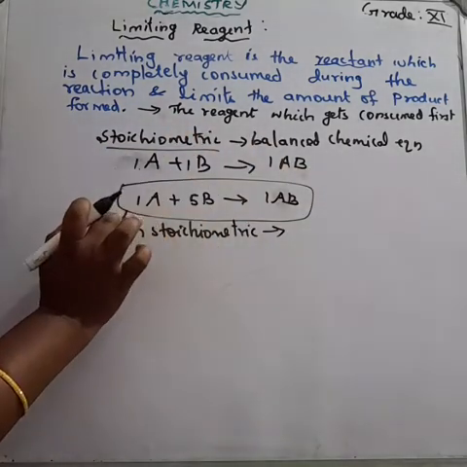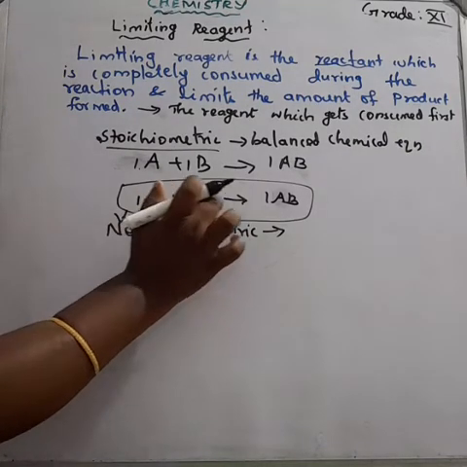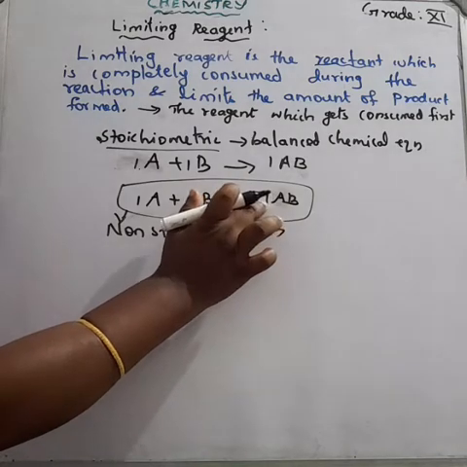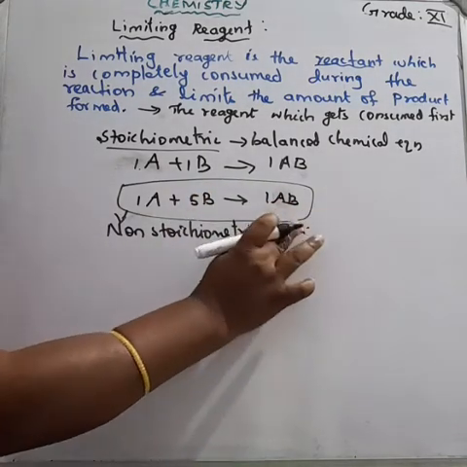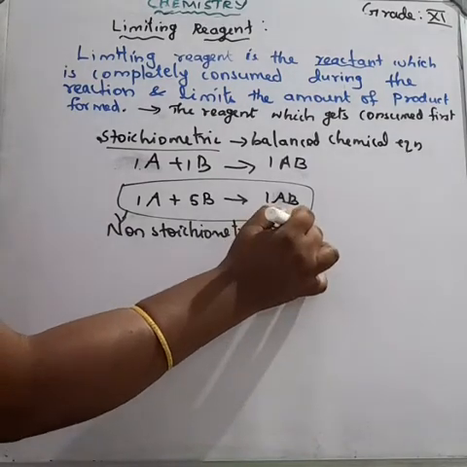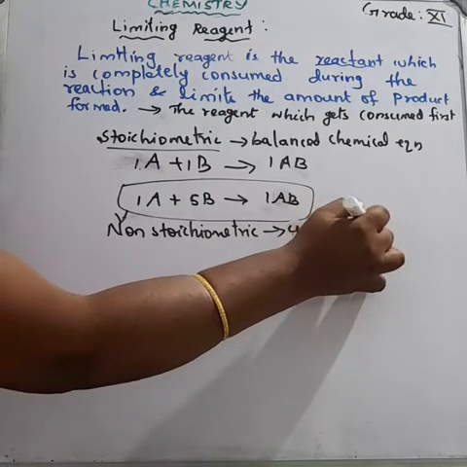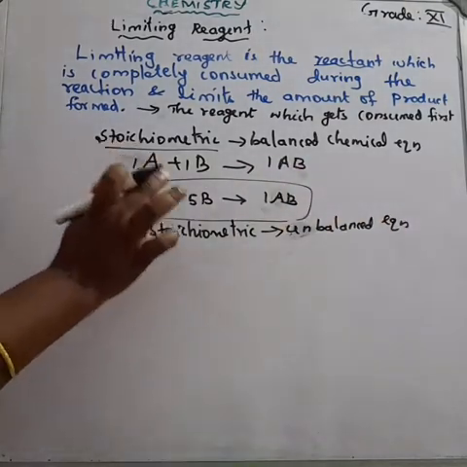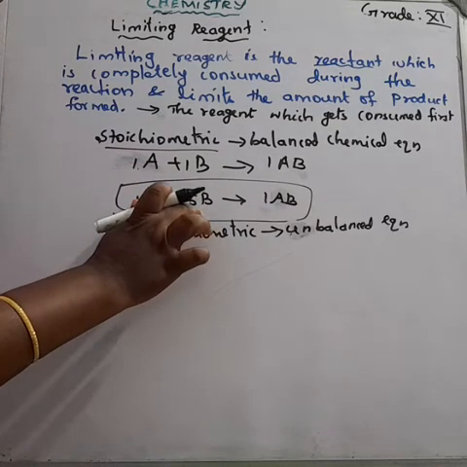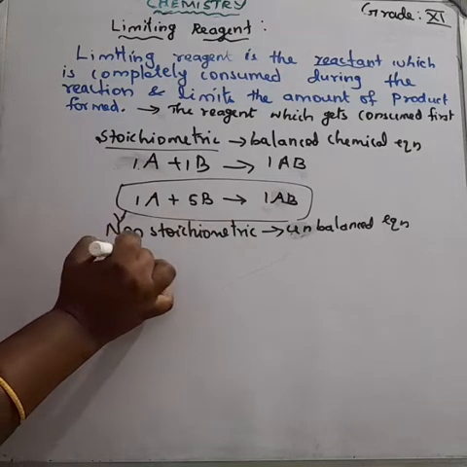But 1 mole of A reacting with 5 moles of B to give 1 mole of AB is non-stoichiometric. What do you mean by non-stoichiometric? The reaction is unbalanced. Understood? 1 mole of A should react with 1 mole of B. So here A is the limiting reagent.